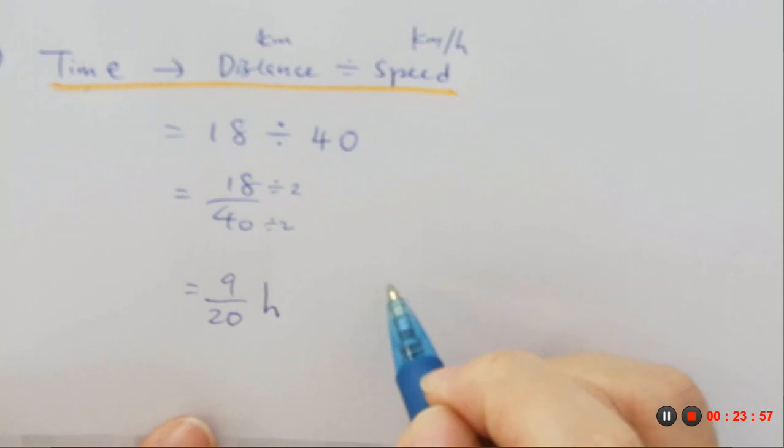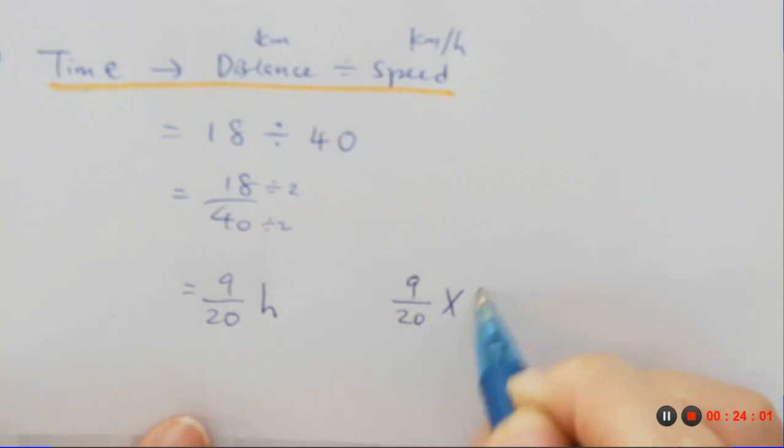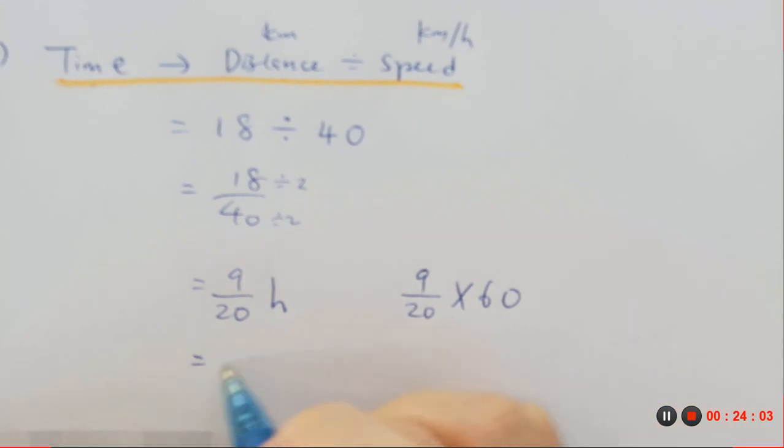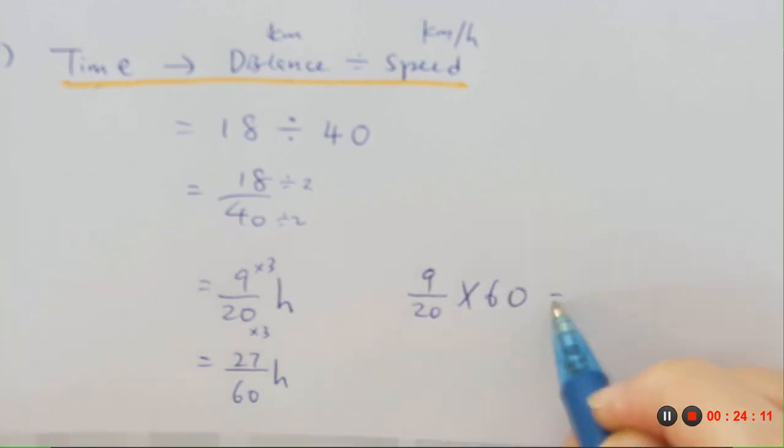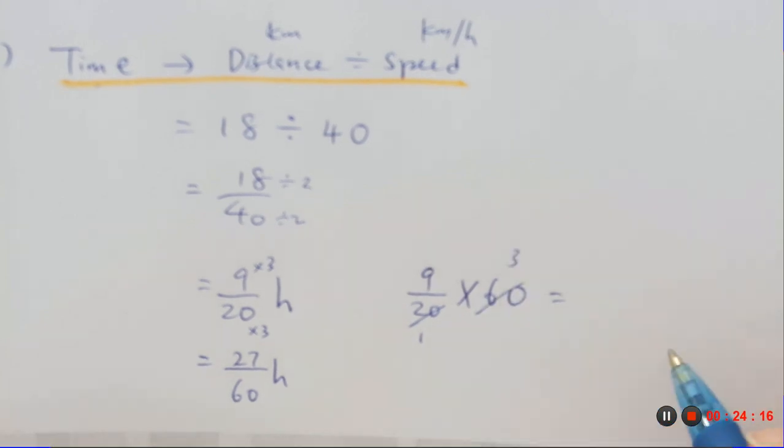So you can do 9 out of 20 times 60 to convert, or you can just convert the numerator and denominator to realize it is 27 out of 60 per hour. So actually that's, yeah, I'm sure like what the answer is saying.